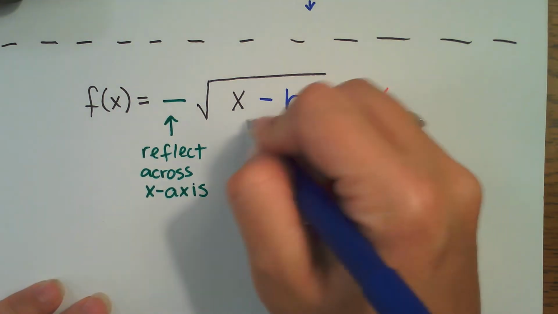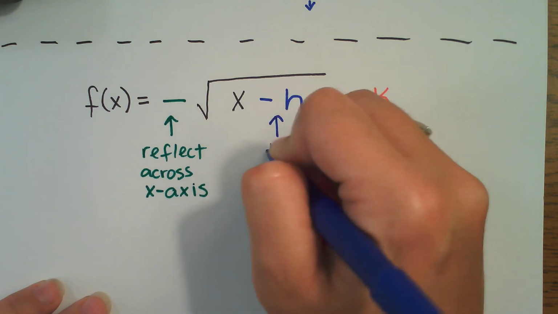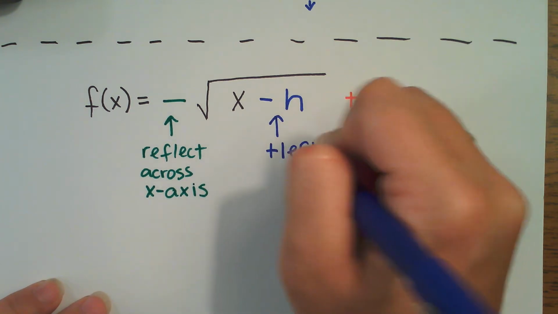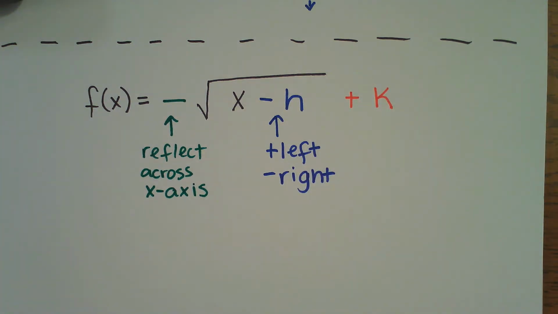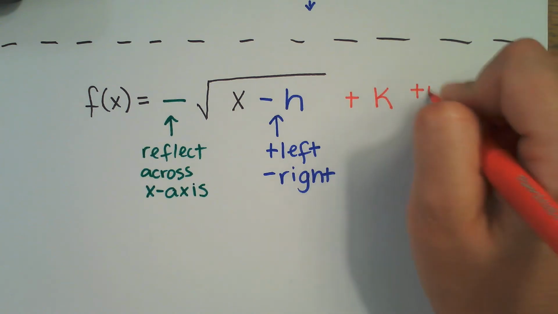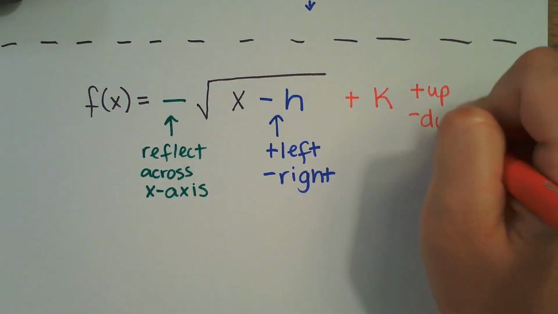If anything is added or subtracted to x, it shifts it plus to the left, minus to the right. Anything on the outside shifts it up or down.